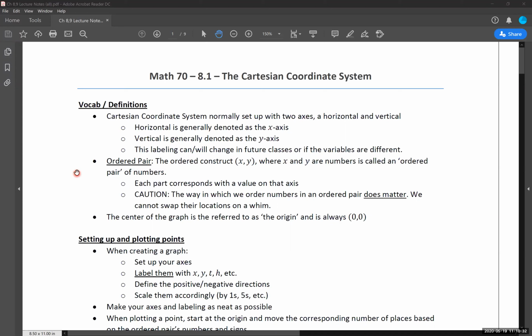So our next definition is of an ordered pair. The ordered construct, in parentheses, x comma y, where x and y are numbers, is called an ordered pair of numbers. Each part corresponds to a value on that respective axis. So again, this is where denoting which is your x-axis and which is your y-axis absolutely matters.